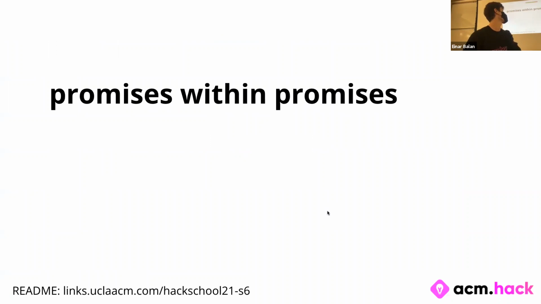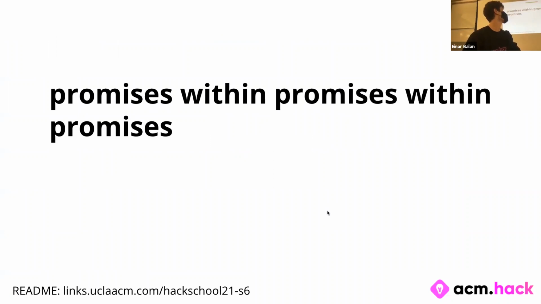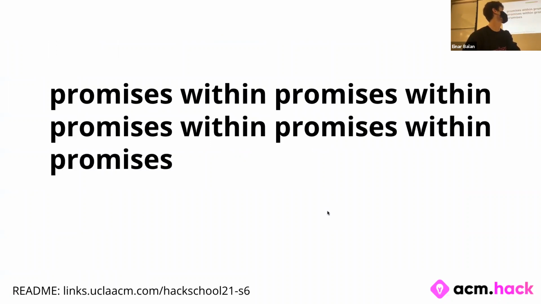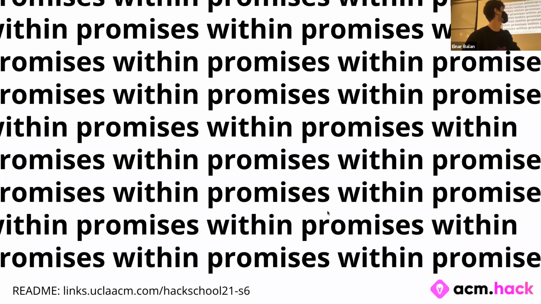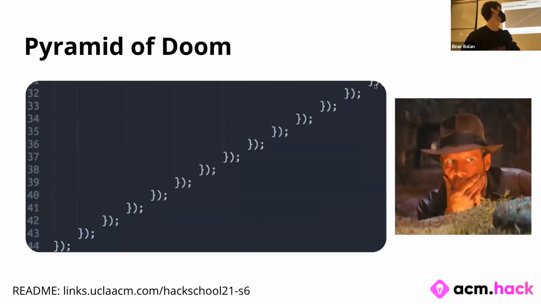And we can have promises within promises, within promises, and so on. And it just gets very out of hand very quickly. It's something we like to call the pyramid of doom, which is just very ugly looking code, right? So we want to try to avoid this.